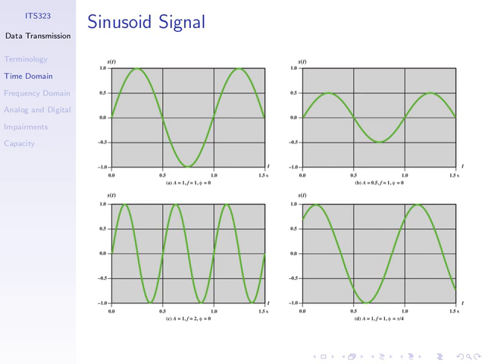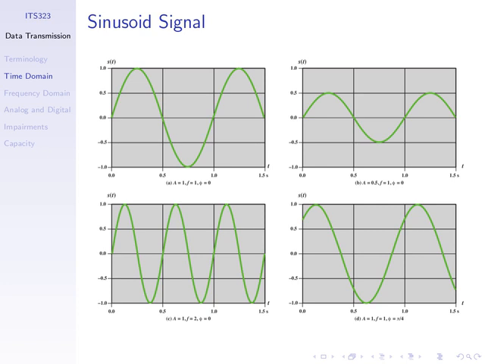The first signal, the top left one, let's call it S1, signal 1. As a function of time, if you can see on your lecture notes, it may be a little bit clearer.